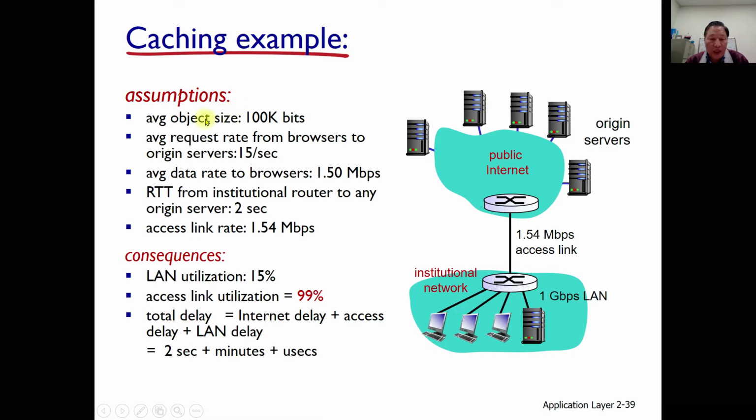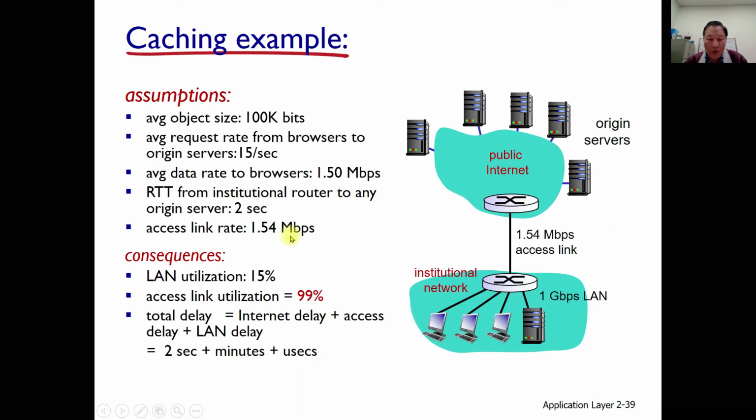Assumption: let's assume the average object size is 100K bits, and the average request rate from browsers to the origin server is 15 requests per second from this browser to get these objects. The average data rate to the browser is 1.5 Mbps, and the round trip time from the institutional router to any origin server, let's assume, will take around 2 seconds.